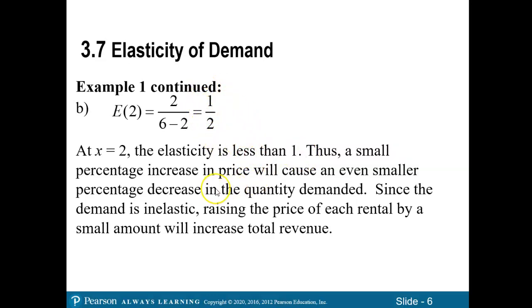Therefore, a small percent increase in price will cause an even smaller percentage decrease in quantity demanded. So we would say that our demand is inelastic, not elastic. Raising the price of each rental by a small amount will increase total revenue. When the value of elasticity is less than 1, a small increase in price will increase your revenue.